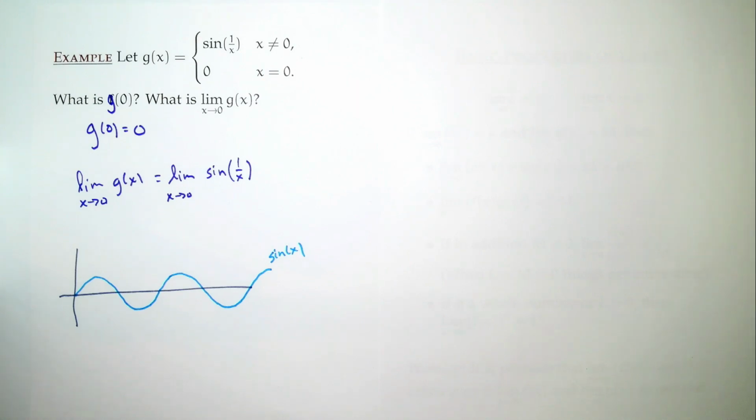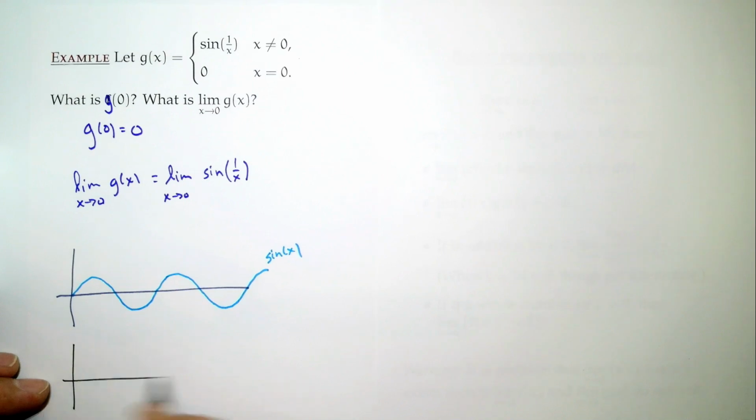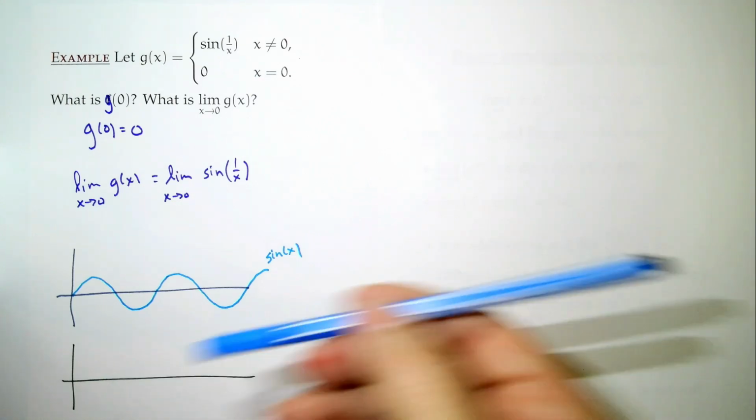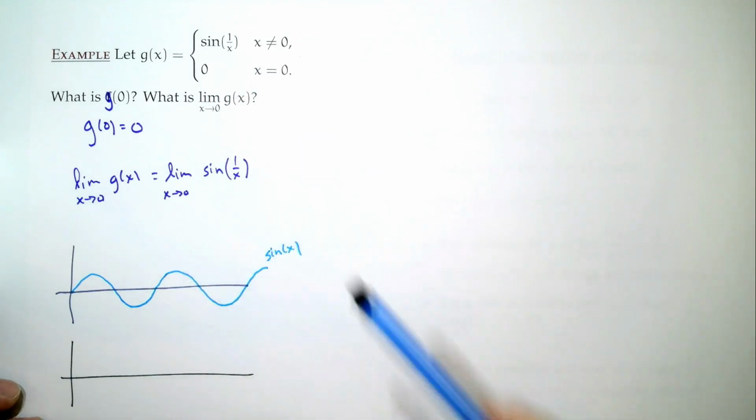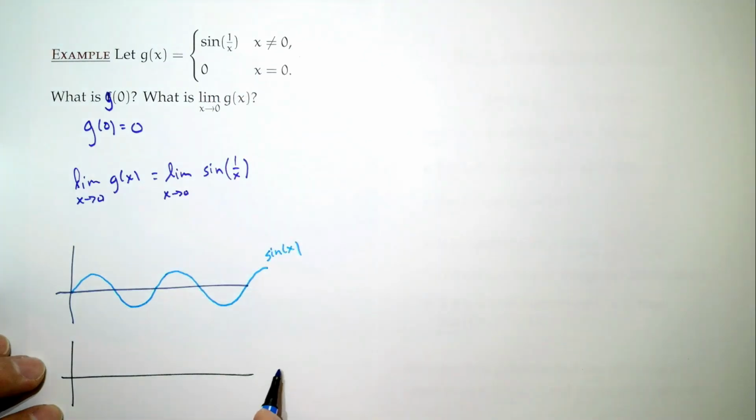So what's the effect? Well, if we draw our axes here, another way to think about it is what's happening to sine 1 over x way off towards infinity. Well, towards infinity, 1 over x is close to 0. So sine is very small. And then, as I come off from infinity, I start to go up and down.